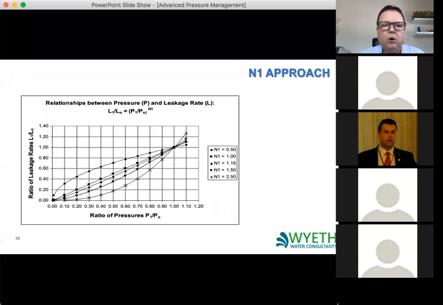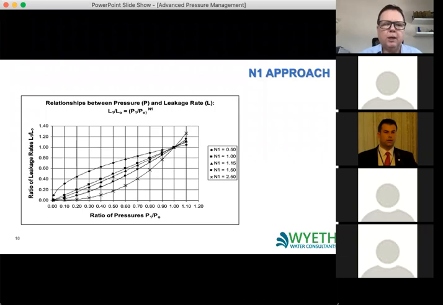And for every utility, you will have a different relationship than anyone else. And we call this the N1 value. And a lot of utilities will actually try to develop their own N1 value. To do this, you basically do a pressure step test.